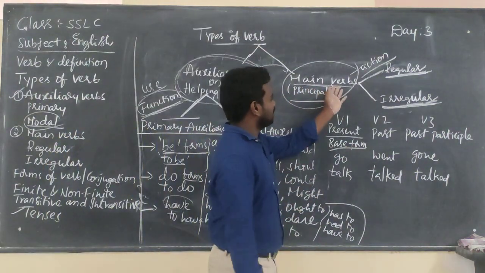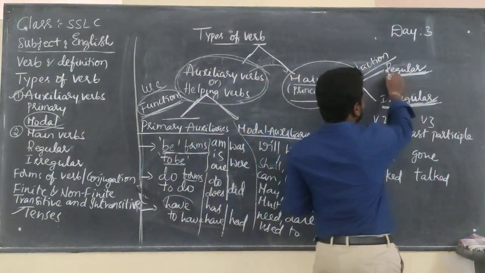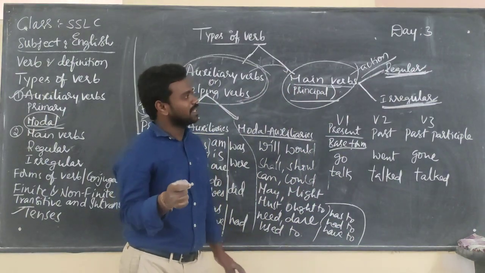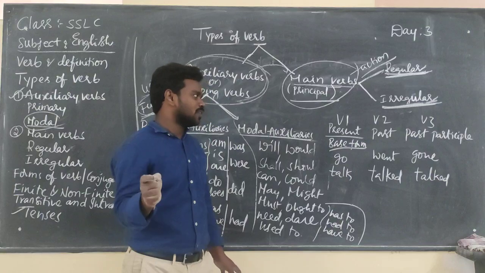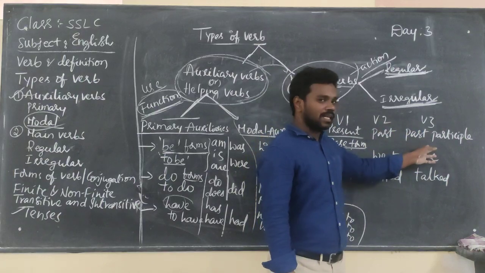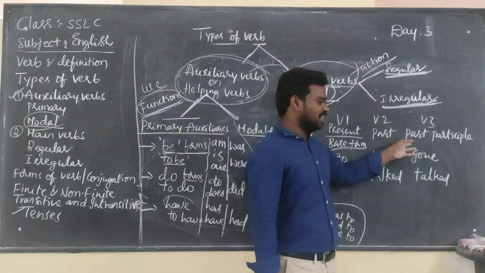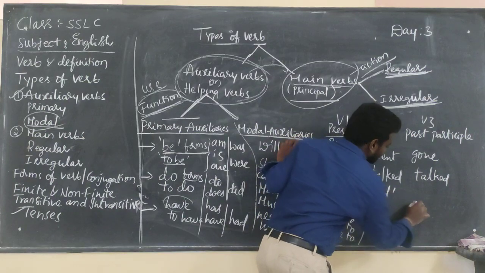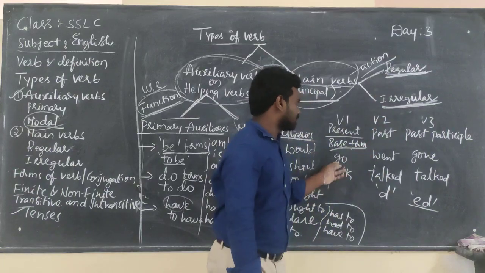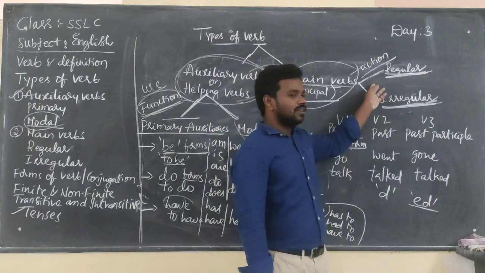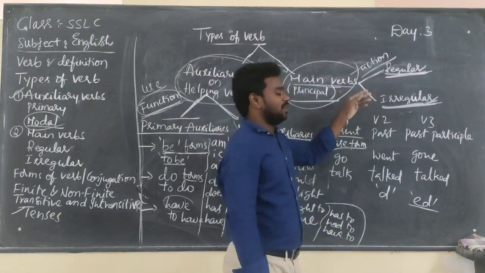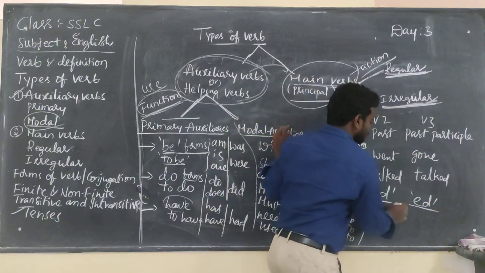The main verbs can be classified into regular and irregular. There are some verbs that form their past and past participle, V2 and V3, with D or ED.